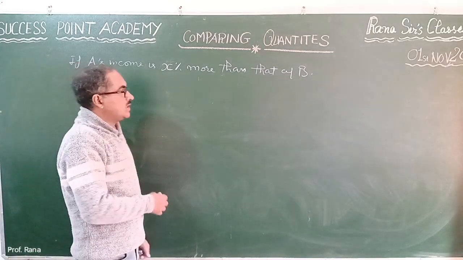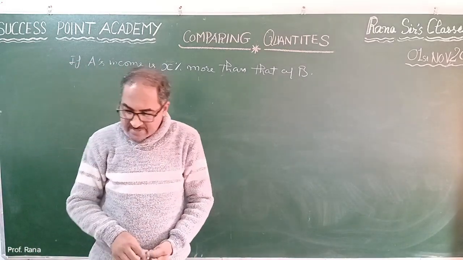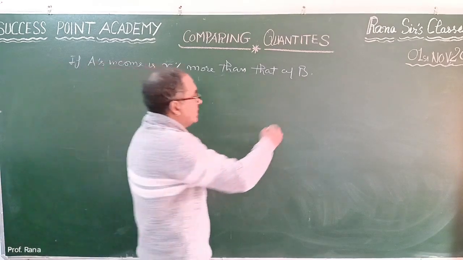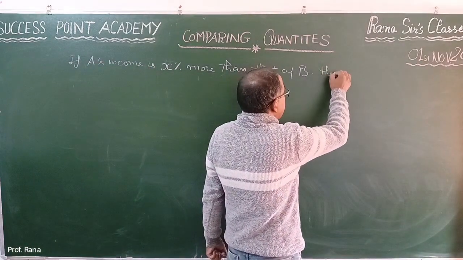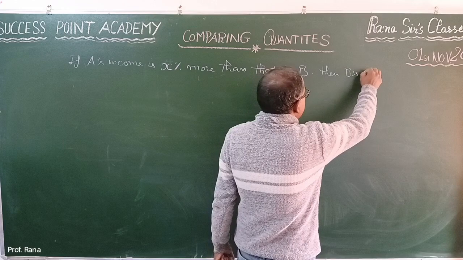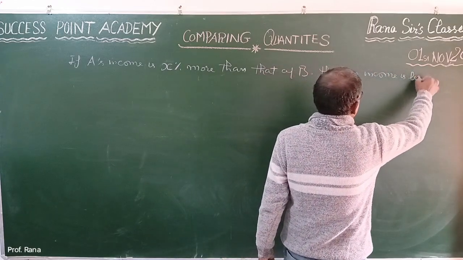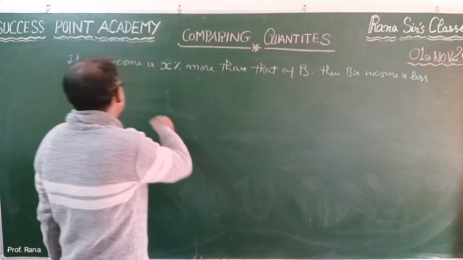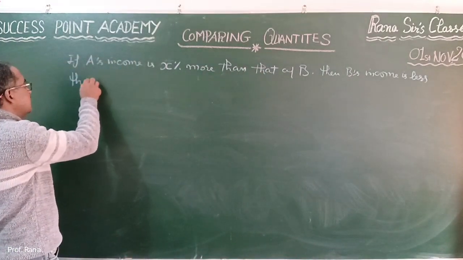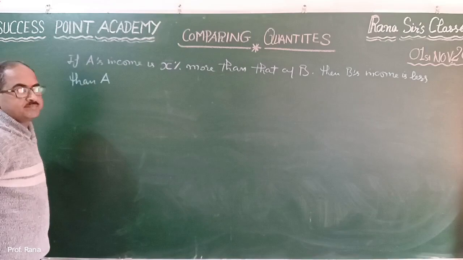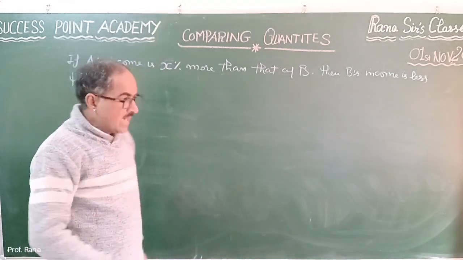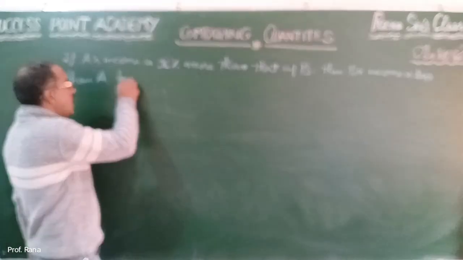Then we will formulate a formula. Then B's income is less than A by how much?